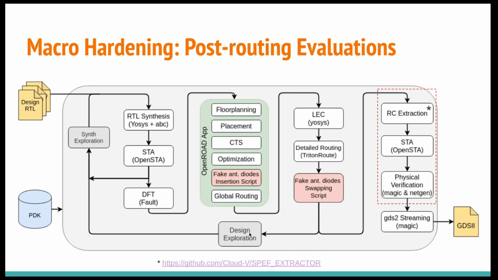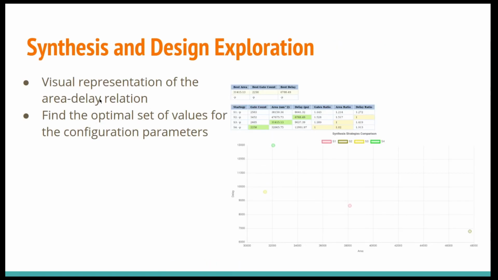So I have not mentioned what synthesis exploration or design exploration are, so I will talk about those briefly. Synthesis exploration is the process of running the design through the available synthesis strategies in OpenLANE, and it gives you a visual representation of the area versus delay relation.